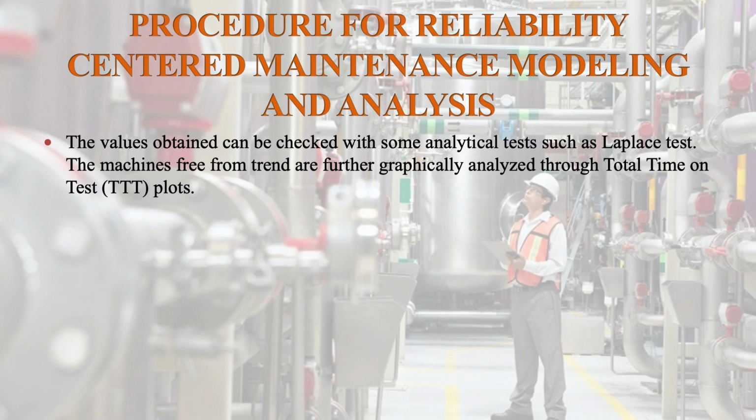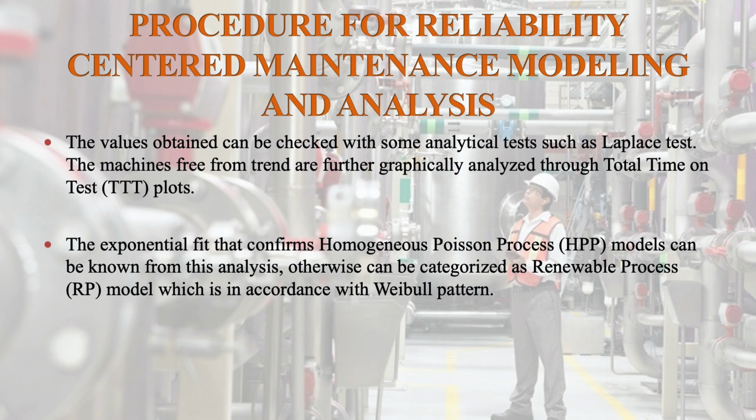The machines free from trend are further graphically analyzed through total time on test, TTT, plots. The exponential fit that confirms homogeneous Poisson process, HPP, models can be known from the analysis. Otherwise it can be categorized as a renewal process model, which is in accordance with the Weibull pattern.